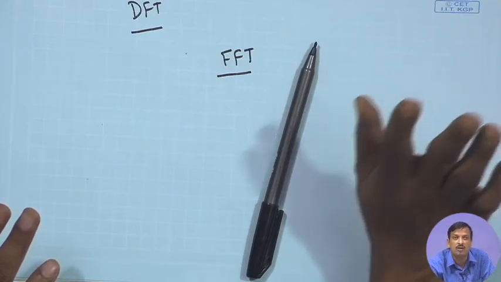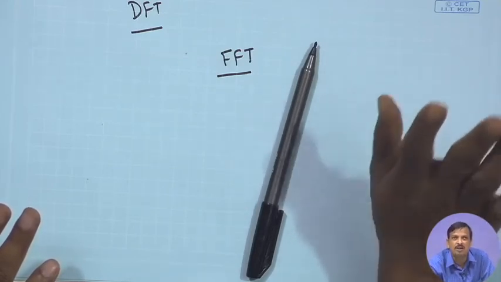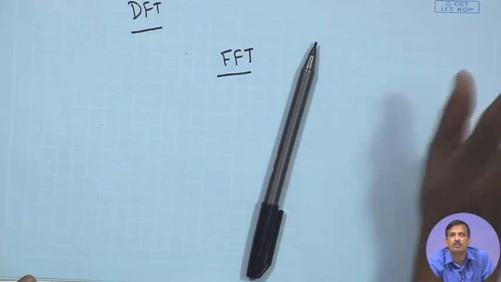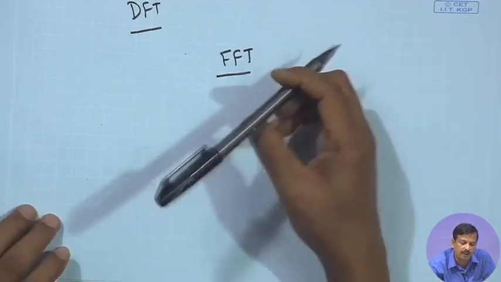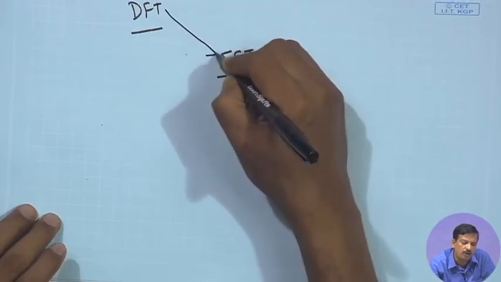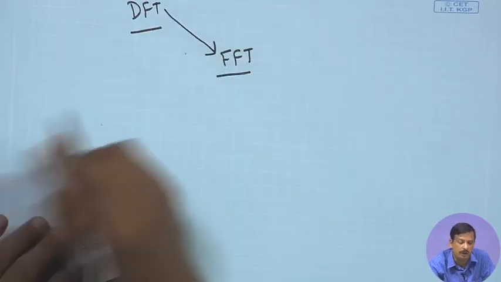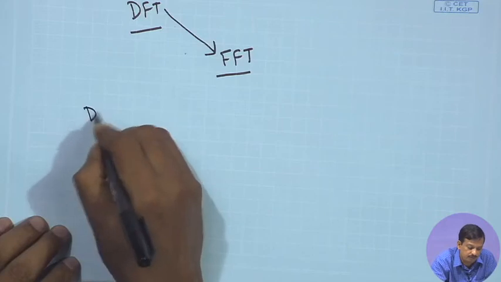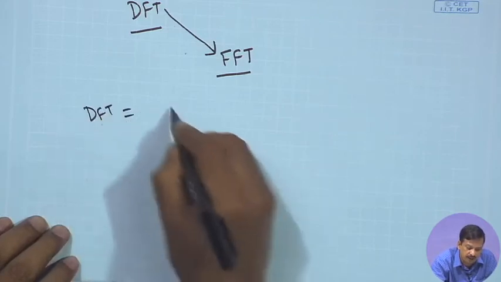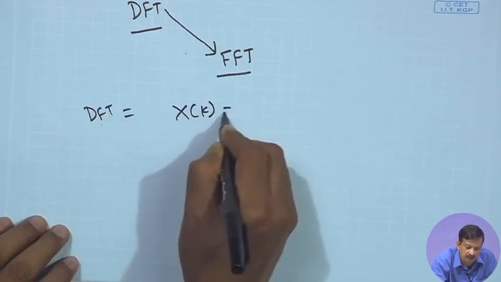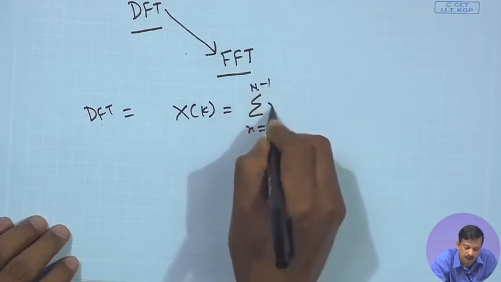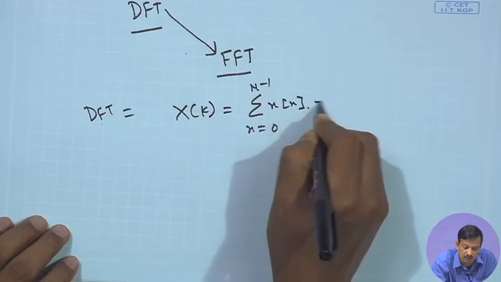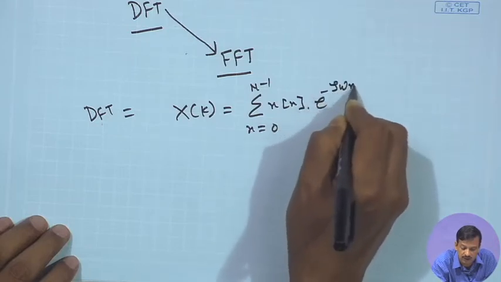That is why it is called the fast Fourier transform algorithm, FFT. Okay. So, FFT is an implementation procedure for DFT. So, if I say the DFT, X of k is nothing but the sum from n equal to 0 to N minus 1 of x of n into e to the power minus j omega n k.